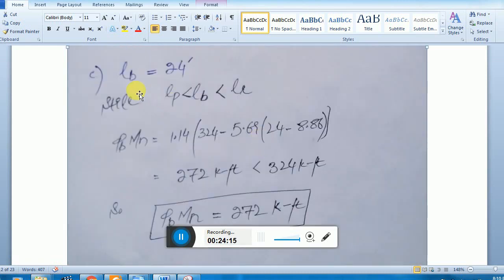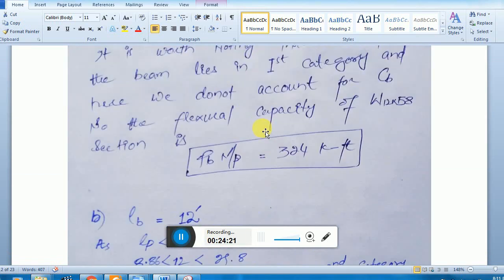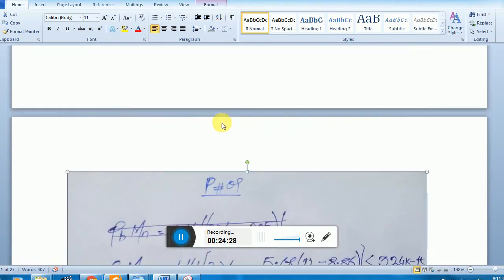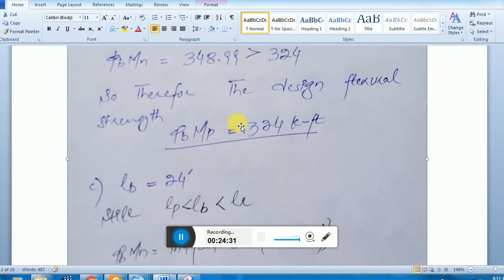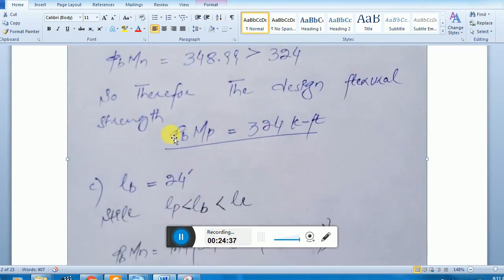You see, in the first case, when your Lb is basically 8 feet, the strength is maximum, 324. Now when your Lb jumps to 12 feet, meaning increasing, you are still in an okay position. That means you can provide bracing up to 12 feet and still gain the same strength, that is 324.